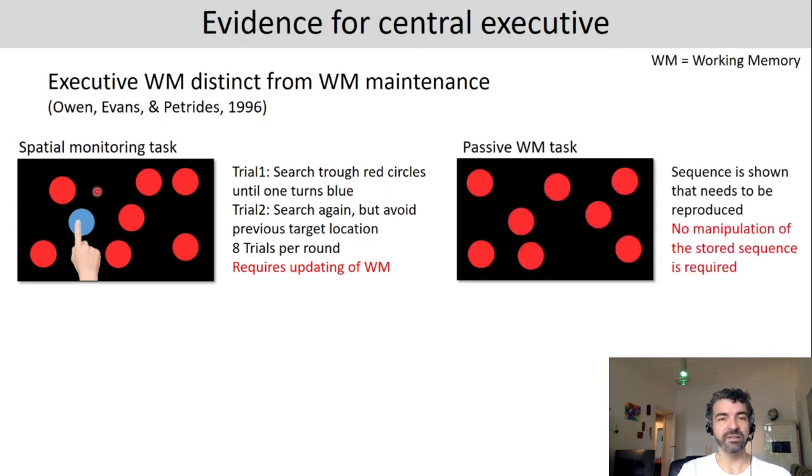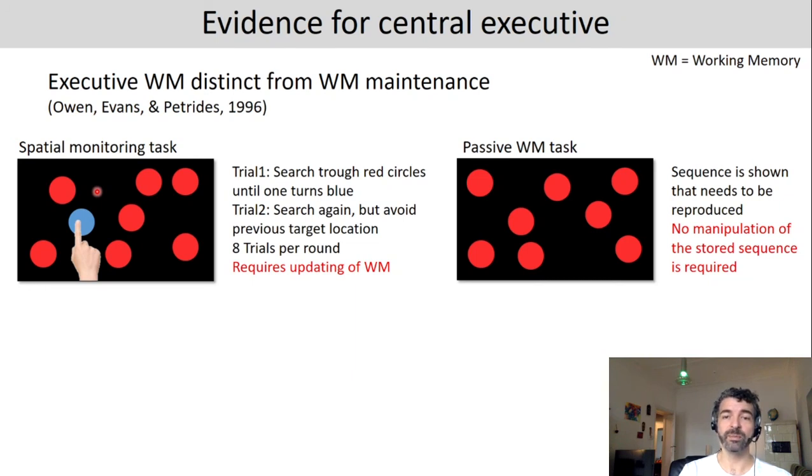In the second task, a passive working memory task, this was conceived to involve the central executive less. Here, participants have just seen a sequence, something like this. So a sequence of blue dots, and they had to simply reproduce that sequence.